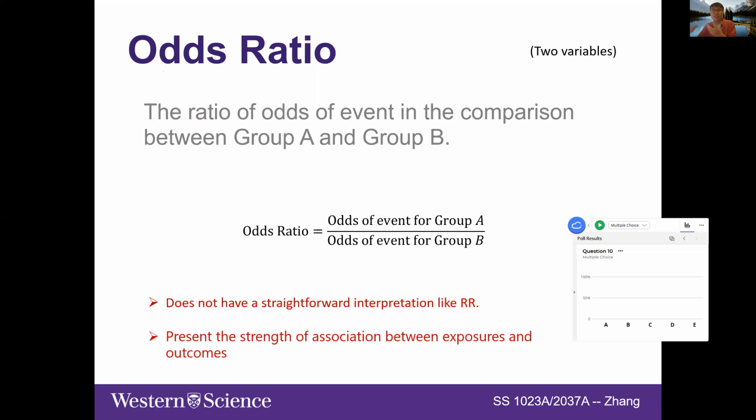Because odds is about the ratio of two things, something to something, for example 2 to 1 changing to 3 to 2, and intuitively this interpretation is not so clear to a general user. So what I'm trying to say is that the odds ratio is not suitable for interpretation. But the odds ratio has a very important role in this lecture: it will help us to determine how strong the association for two random variables is.